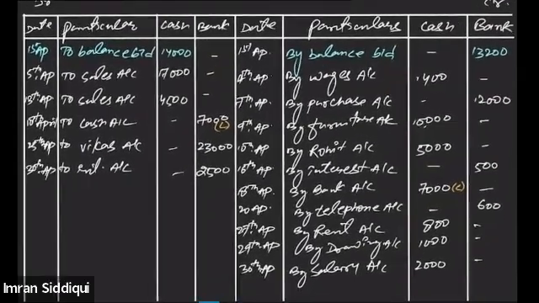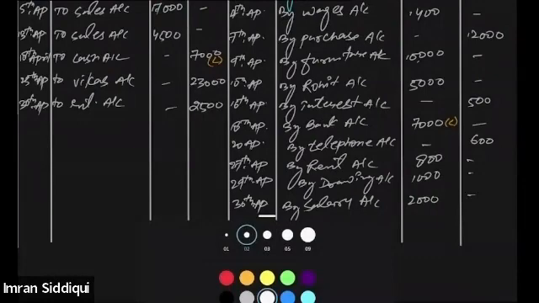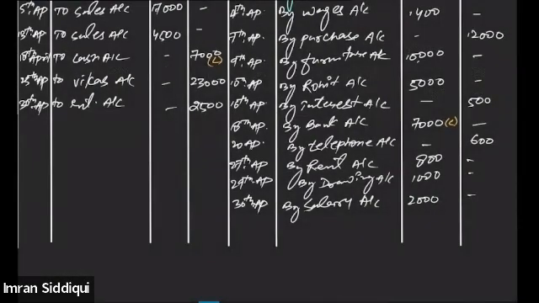Okay, so this is it. We have recorded all the items in the cash book. Now all we need to do is just balance both the sides and try to figure out the closing balance. So when you do that, after totaling it, you should be getting, let me just do that for you.